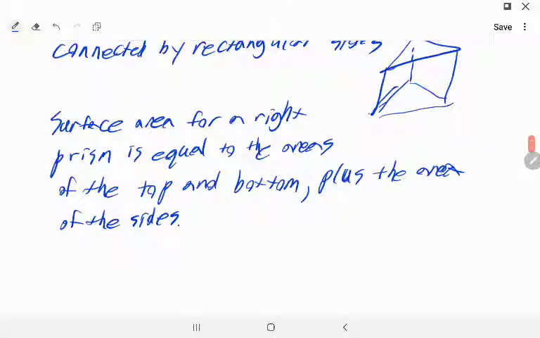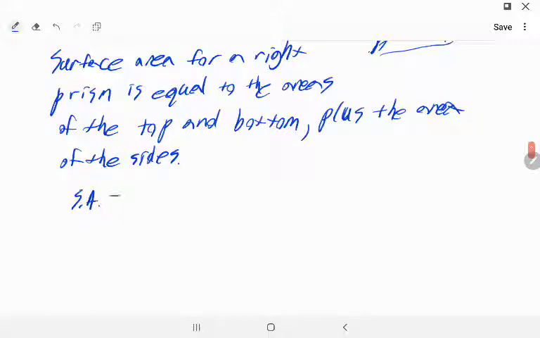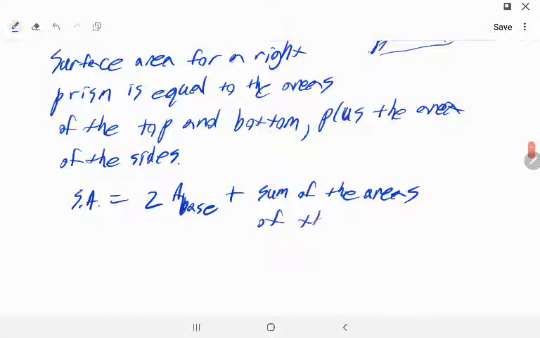In general, we think of that bottom area as the base. So as a formula, surface area is going to equal 2 times the area of the base, because the area of the top will match the area of the base, plus the sum of the areas of the rectangular sides.